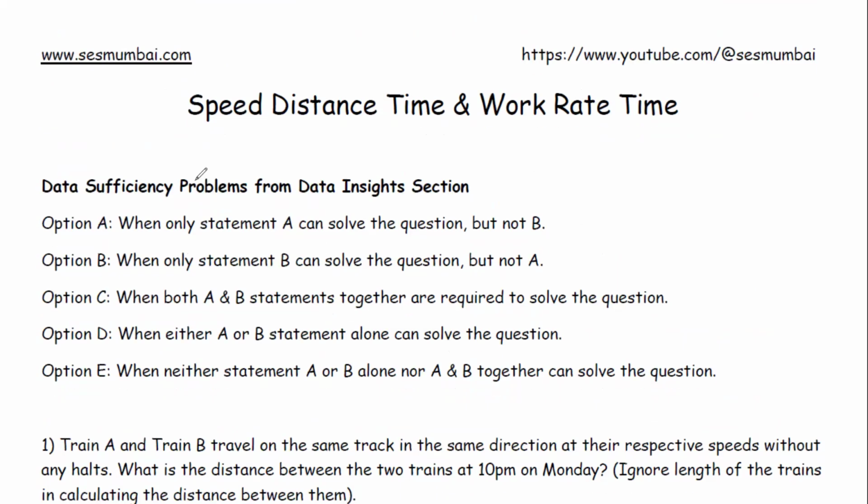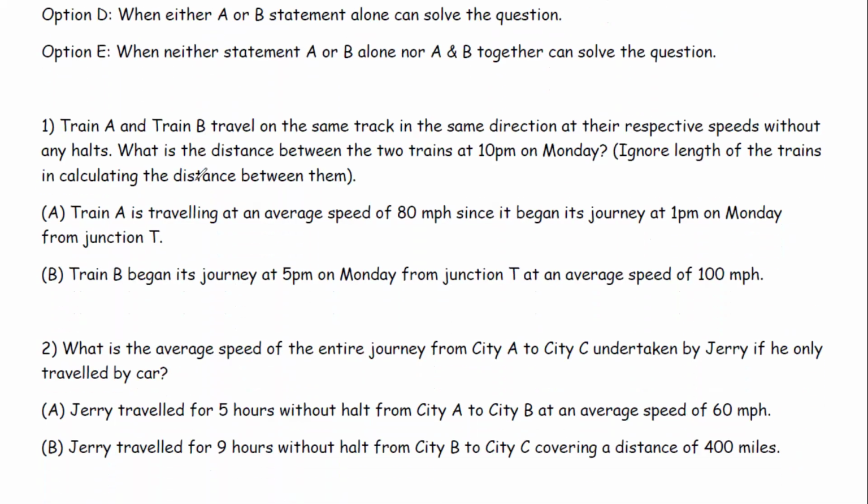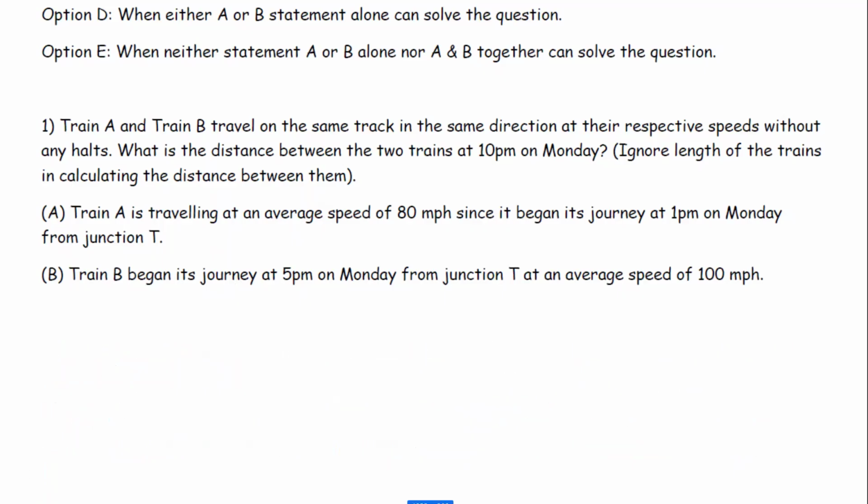Train A and train B travel on the same track in the same direction at their respective rates, at their respective speeds without any halts.